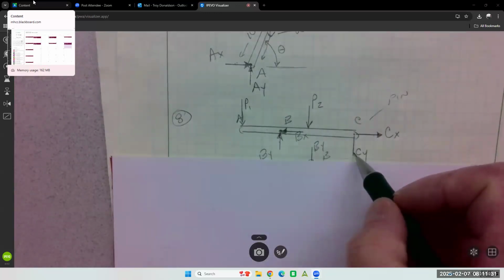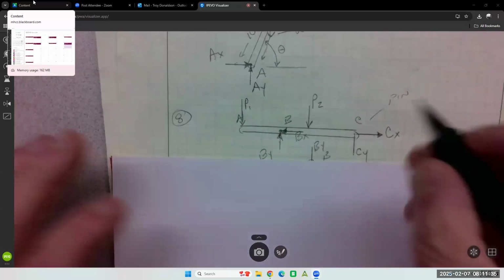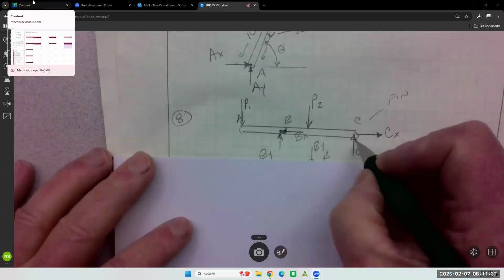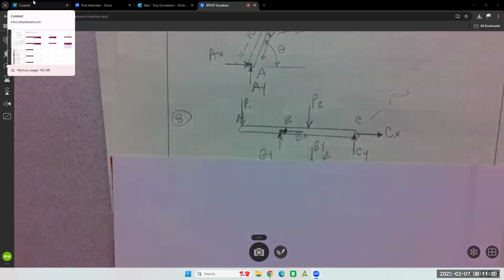If you have two unknowns, there's no way to tell which way it goes. So again, you're just guessing. I'm gonna put it up. Guess at the directions. Assume a direction. When we do the math and we get negative numbers, that means your direction is wrong. We have to flip it over. Okay. So it will correct us.